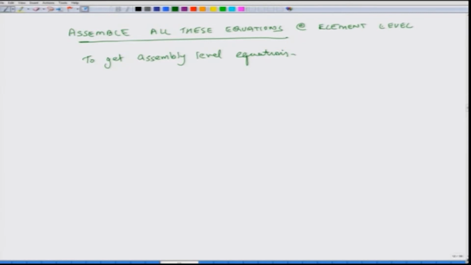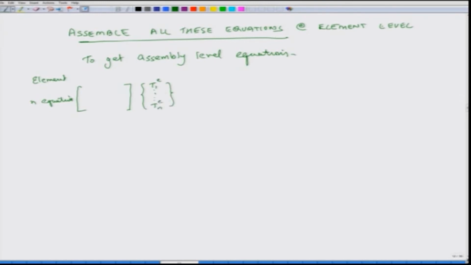So at element level, if there are n equations, then there will be n variables, T1, ..., Tn, right?